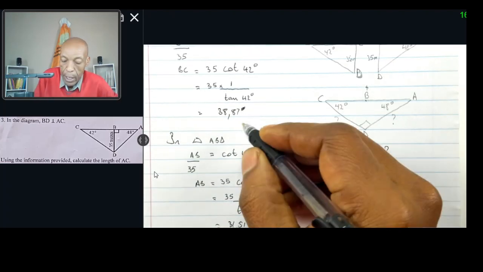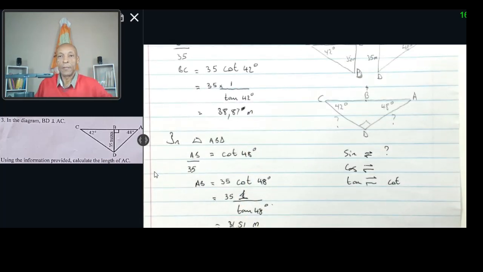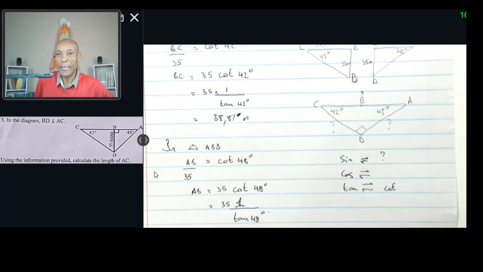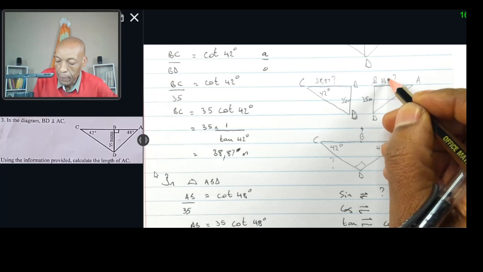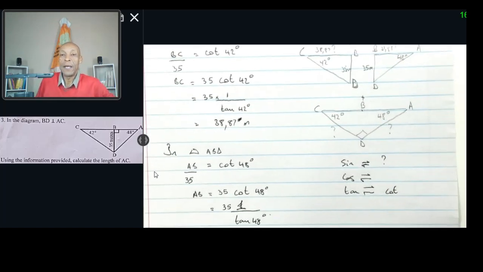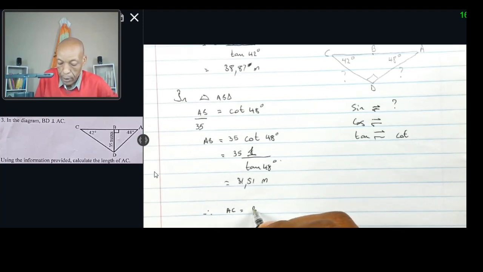So it means here I ought to have put meters: 31,51 meters. Then I go and I say, therefore, AC is equal to BC plus AB.